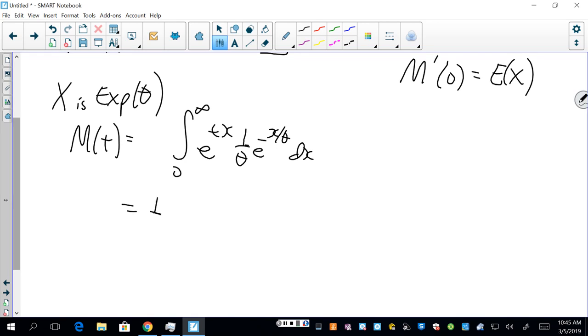So theta we can pull out. And then this has e to the x, and this has e to the x in it. So we can combine those terms. So there's e to the x, and then there would be, I guess even minus x. We have the minus there.